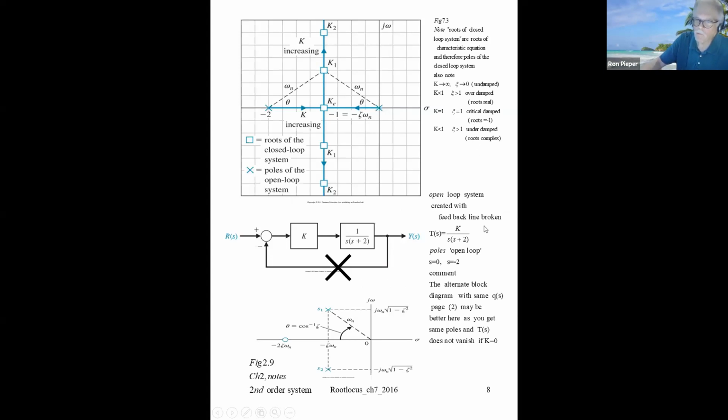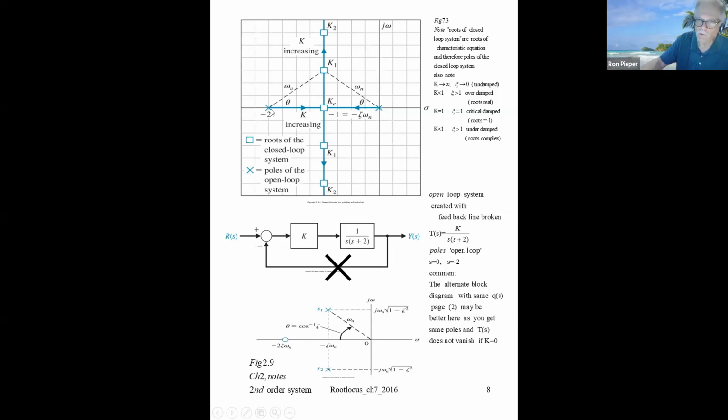Okay. Now there's some interesting language used on this figure, which is not intended to be confusing, but maybe worth pointing out. The boxes here are really poles.